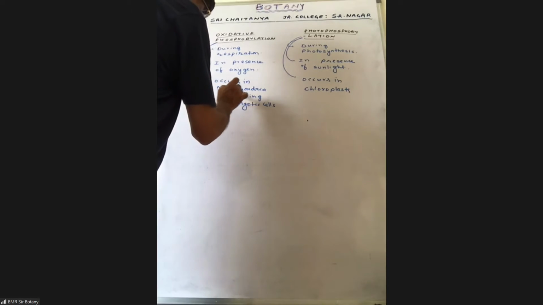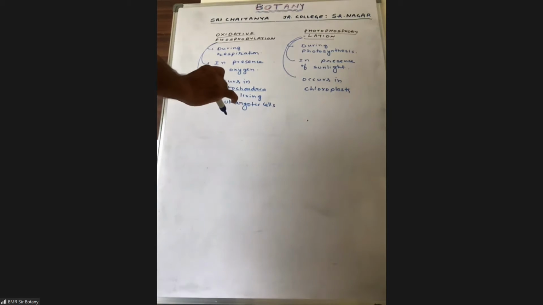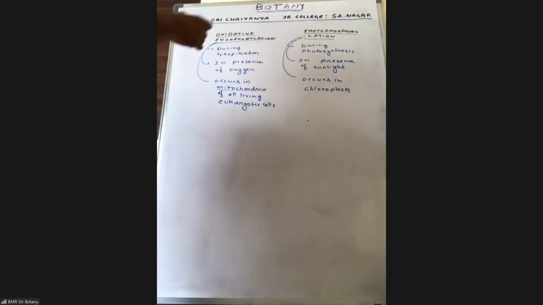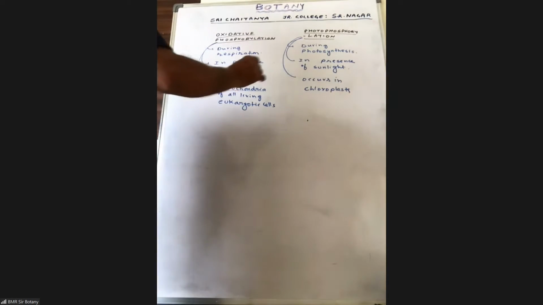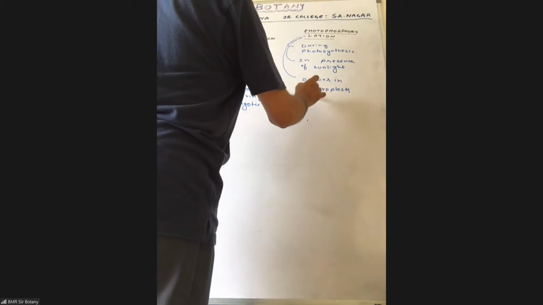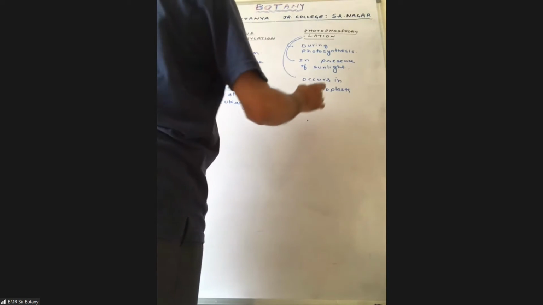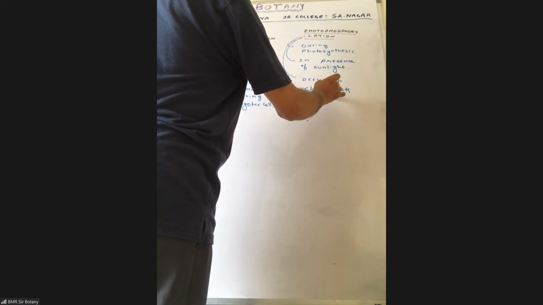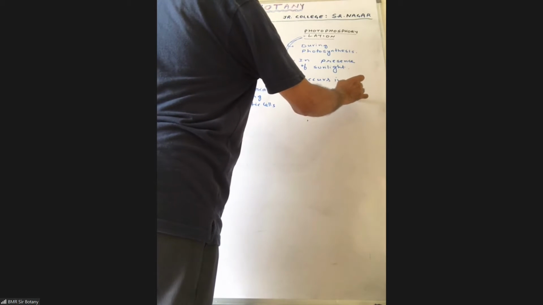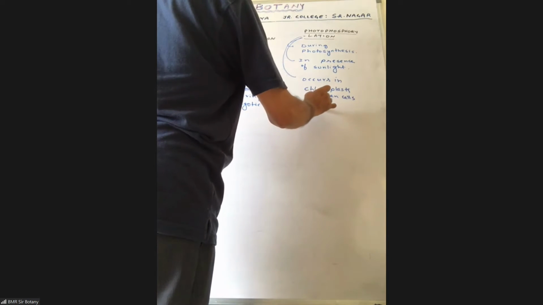Mitochondria is the case with eukaryotic cells. What about prokaryotes? In the mesosomes of prokaryotic cells. Whereas this occurs in the chloroplast of, is it all living cells? No, sir. Green cells of plants.